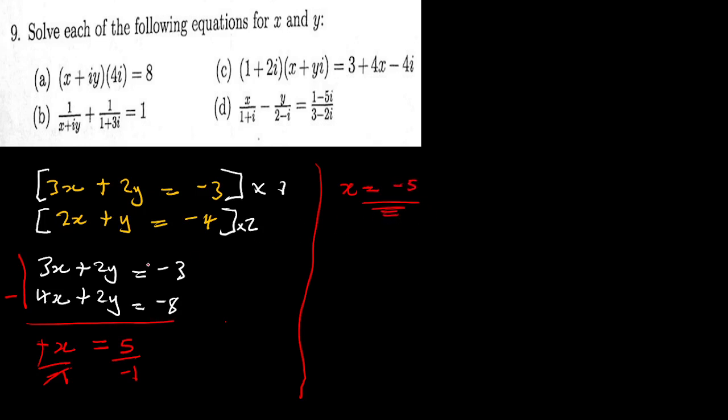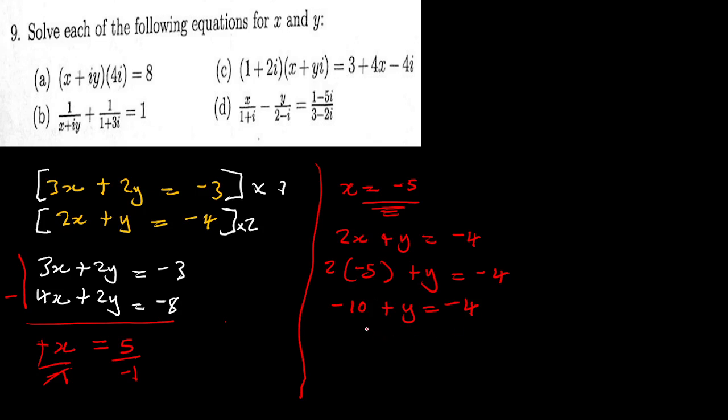Then once I have x is equal to negative 5, I can get one of the equations. So I'll get the second equation, 2x plus y is equal to negative 4. So if x is negative 5, I'll say 2 times negative 5 in brackets plus y is equal to negative 4. So this will be negative 10 for sure, plus y is equal to negative 4.